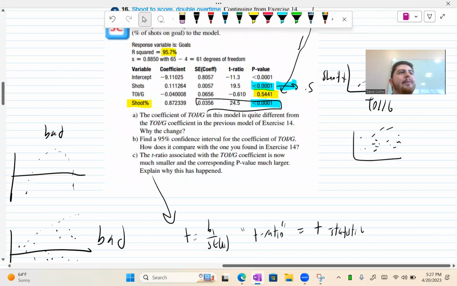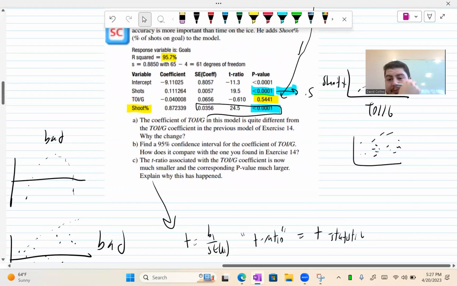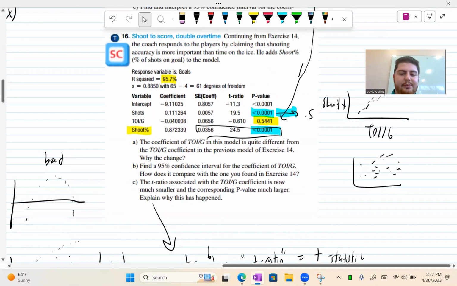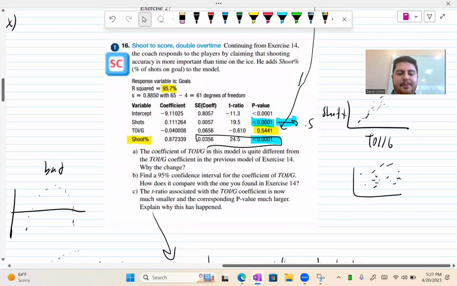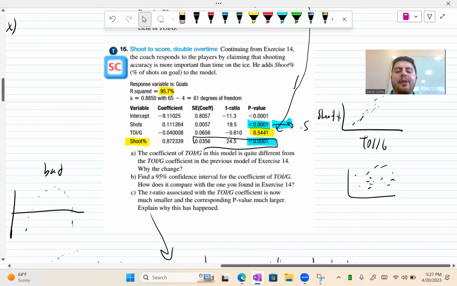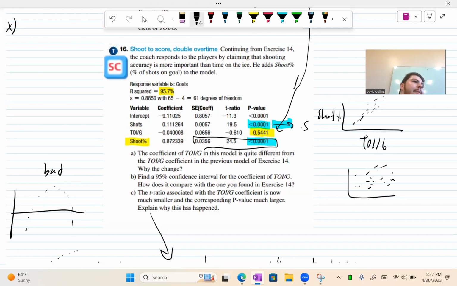These p-values, less than 0.001, are so small that they're going to be rejected at any alpha value. In general, you would need an alpha value.